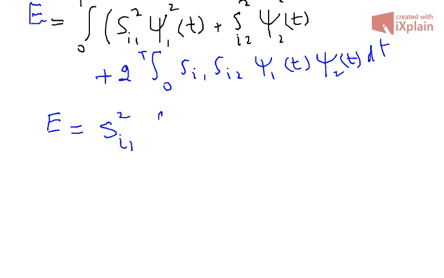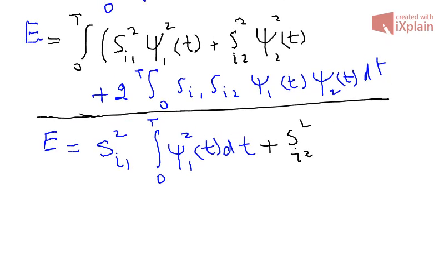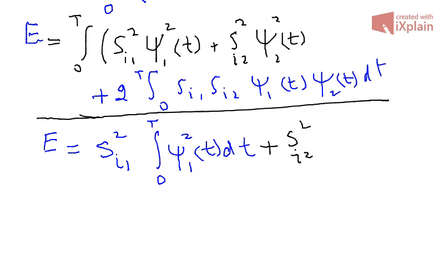From the first term we have s_i1 squared outside, and inside the integral of psi1 squared of t dt from 0 to T. From the second term I would write s_i2 squared outside, and the integral from 0 to T. I should not write this integral because this is already covered. 2 times this dt, and here I should put a bracket, because this bracket starts here and ends here.